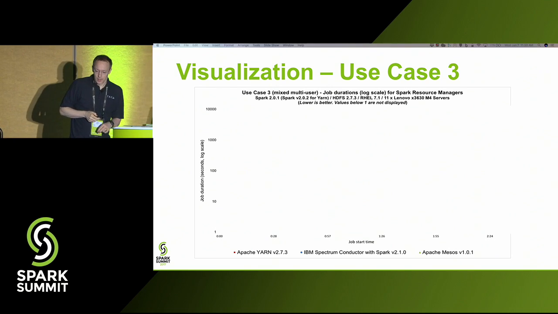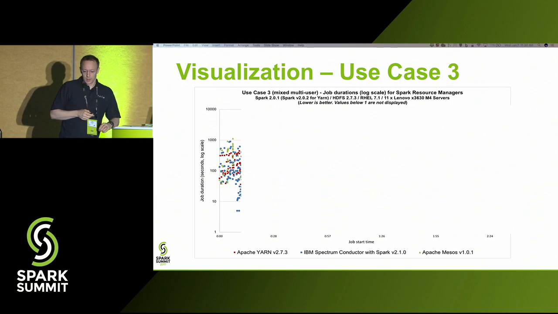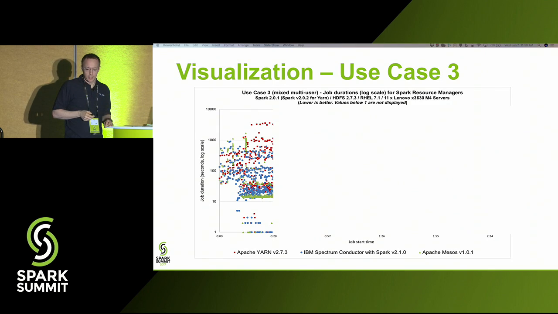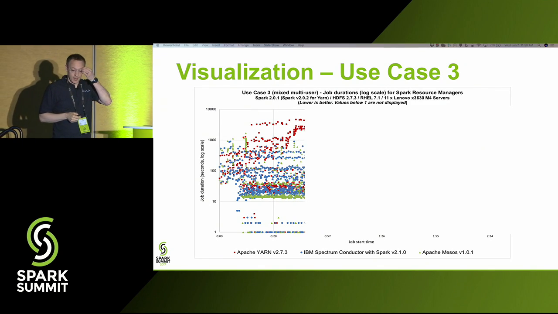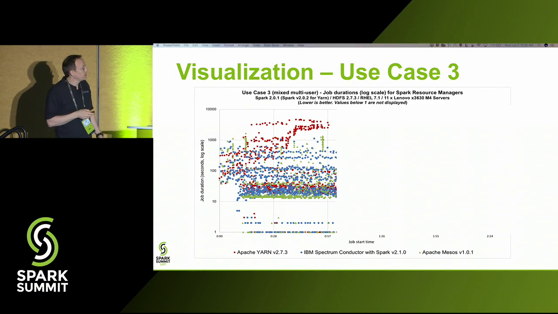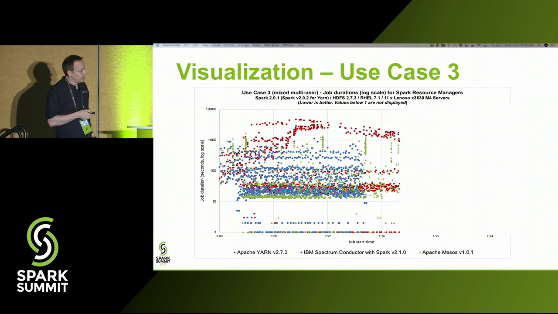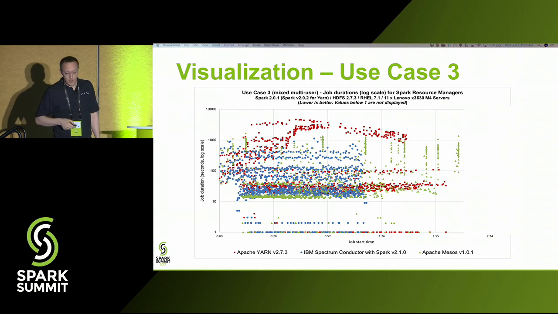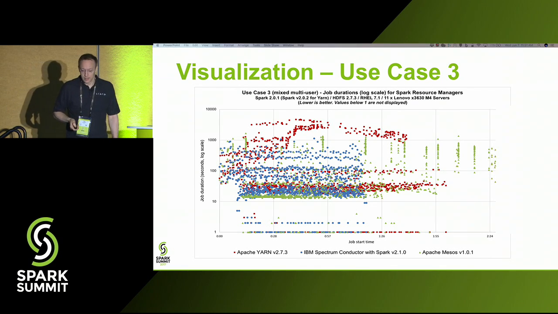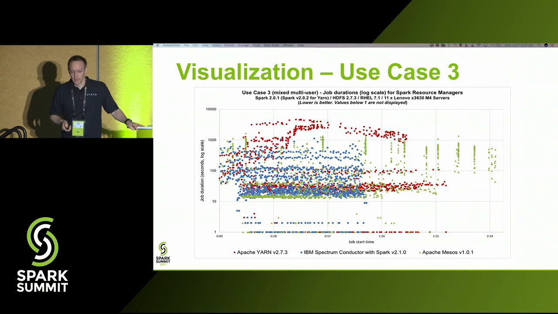Okay, so here we go. And so you see your interactive queries coming in there, and it's starting to cause some trouble here with Yarn. Got a lot of big outliers with those red dots, and now again at a little less than an hour and a half, Conductor's finished.